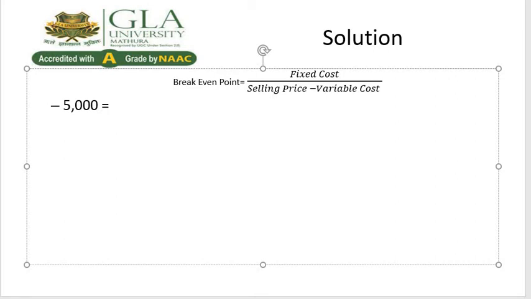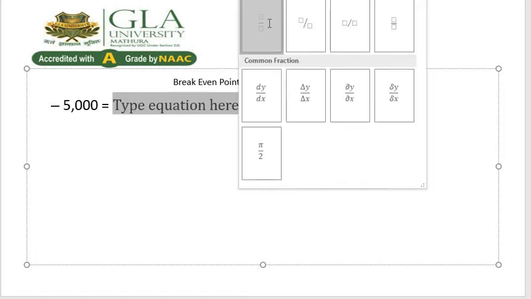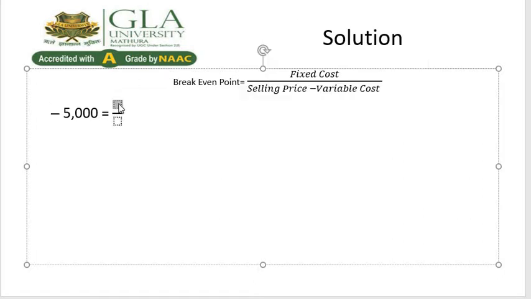Fixed cost is 75,000, and selling price we do not have, minus variable cost, and variable cost is 30 rupees per unit.